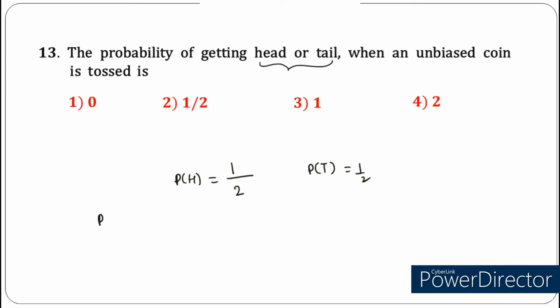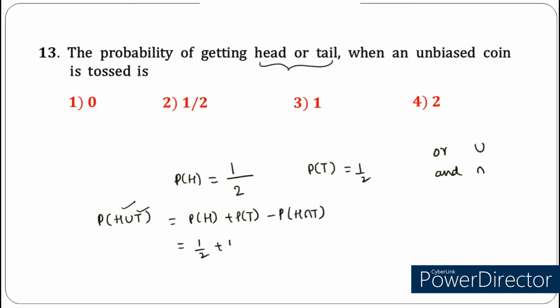They have asked the probability of getting head or tail. This means probability of H union T. Remember one thing: or means union, and means intersection. Now this is given by P of H plus P of T minus P of H intersection T. P of H is 1 by 2. P of T is 1 by 2.